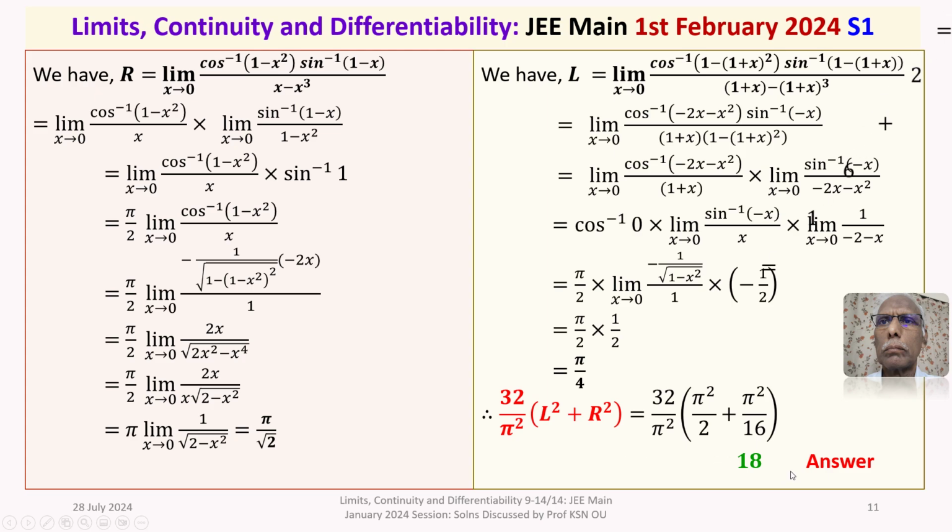That is the detailed discussion of the solution of the given problem. It takes a little bit of time, but otherwise it is an easy question. Let's now move to the next question.